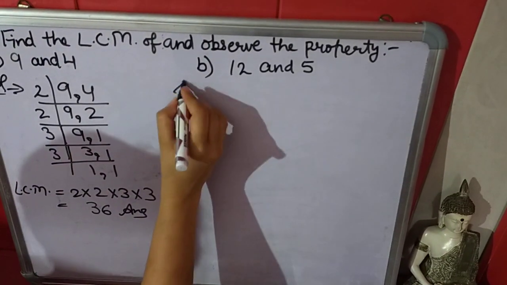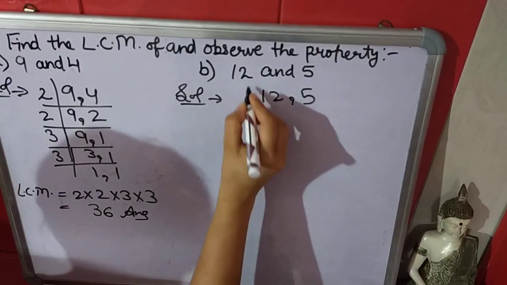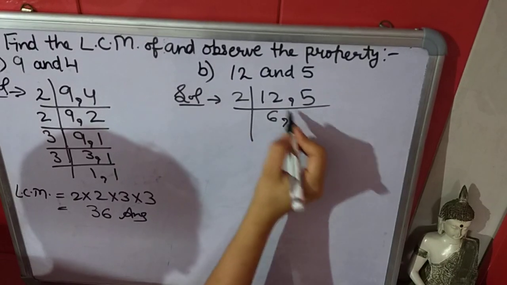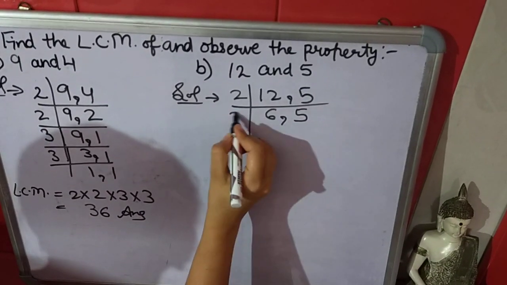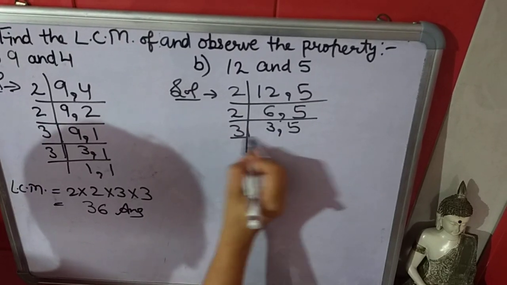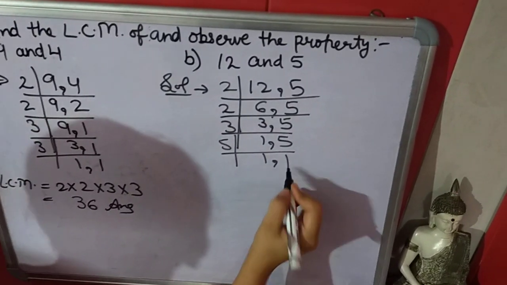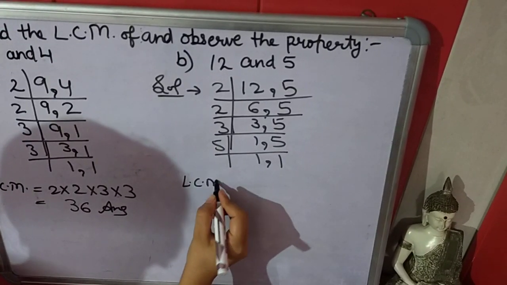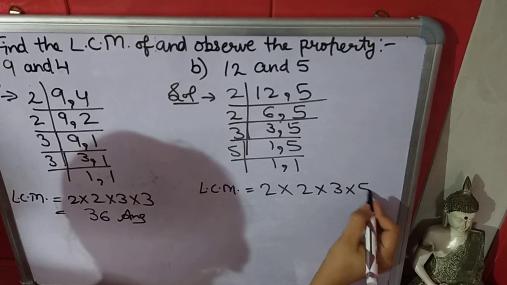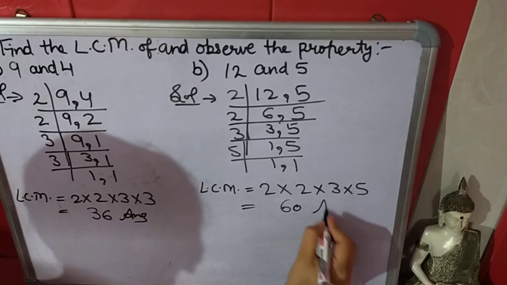And here again you will take LCM of 12 and 5. 12 also goes in table of 2. 6 is going in table of 2. Now 3 will go on 3 and 5 will go on 5. So LCM is 2 multiply 2 multiply 3 multiply 5. 2 2s are 4, 4 3s are 12, 12 5s are 60.